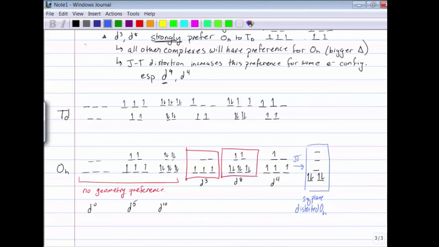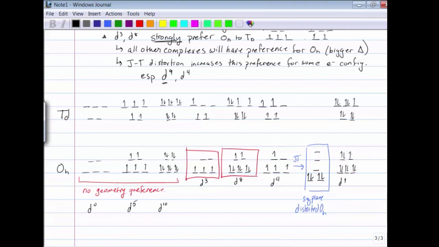And then d9 is the same way. If I draw a d9 complex here, for d9 you don't have to worry about high spin or low spin. For this case you have more electrons in the lower energy set, and remember that delta is bigger, so you have more of an energy benefit.